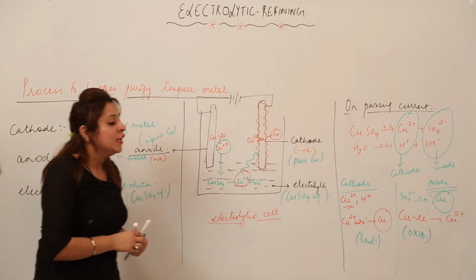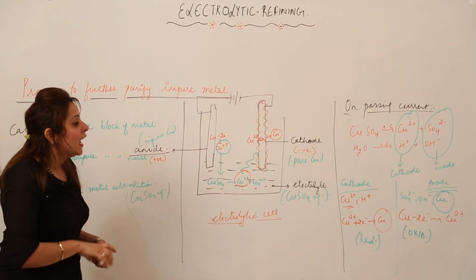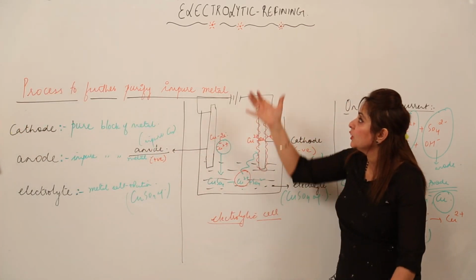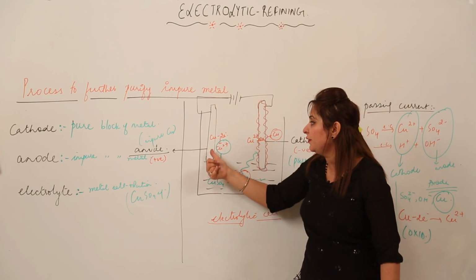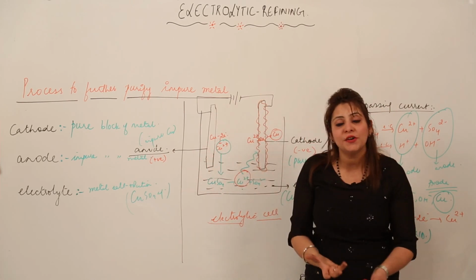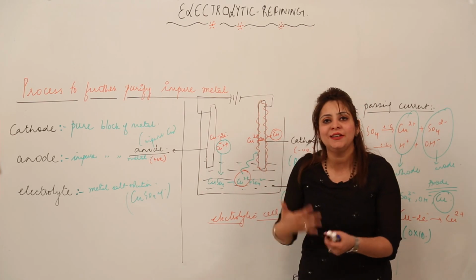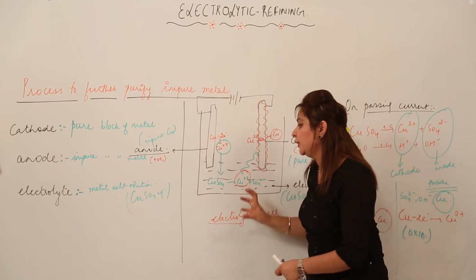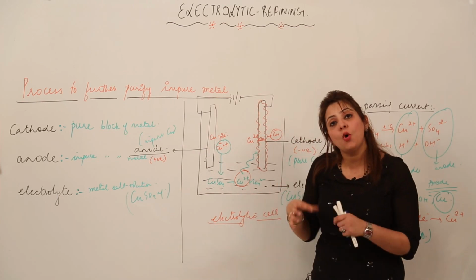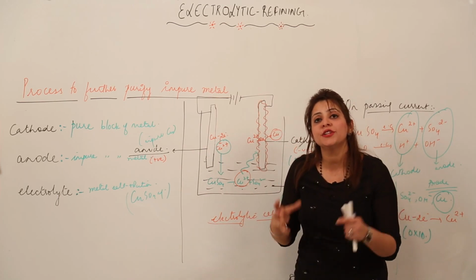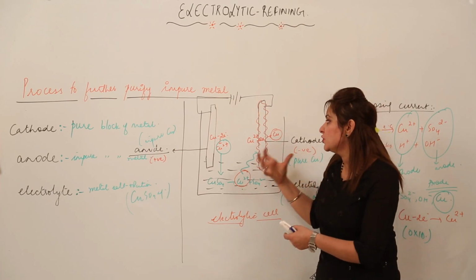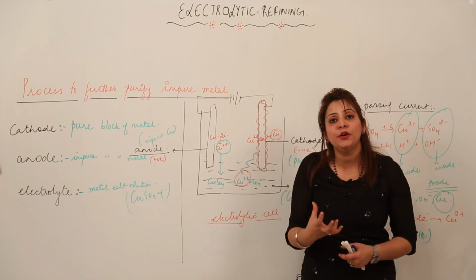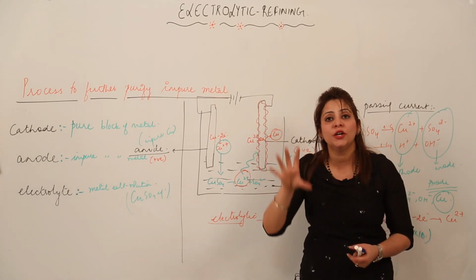So this is how we get to see this kind of chemical change, and why we were performing this experiment is because we need to purify this impure block. And this we have already done, because see, this block starts dissolving because it is getting converted into the ions, and those ions are going into the solution, and along with the more Cu2+ ions which are present in the solution, they are going to the cathode, where they are gaining their 2 electrons back and changing into the copper metal, and that purified layer is coated on the cathode.